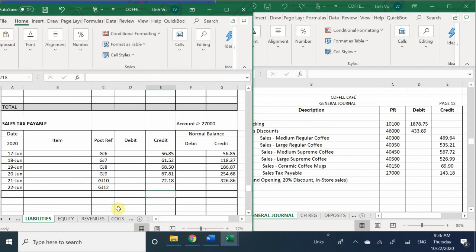Good. Amount of 143.18 credit. That comes to 470.04. All right.